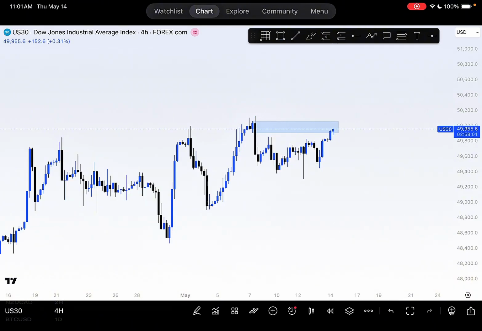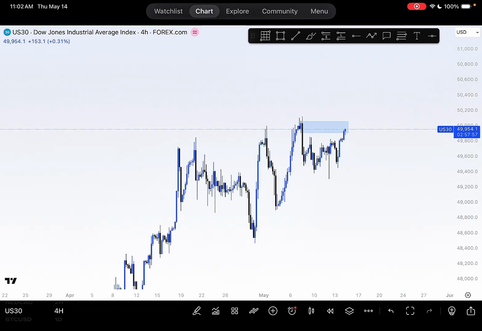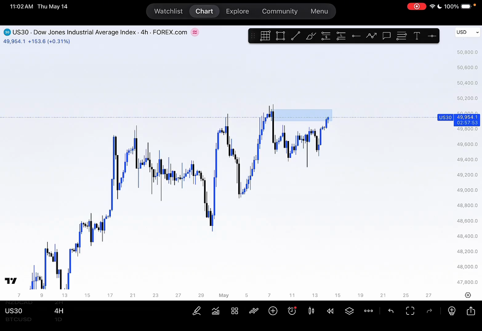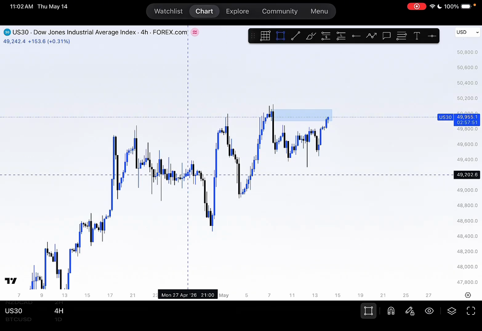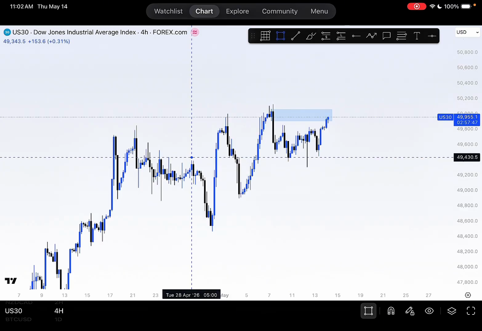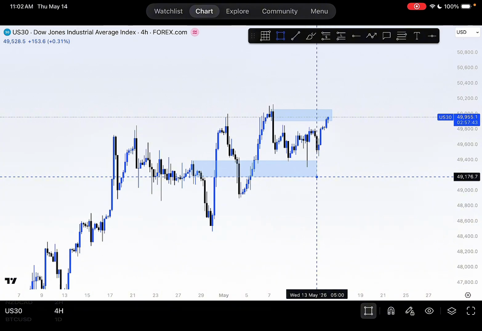So what else do we have here? We have this zone as our key zone. We have this key zone as well.